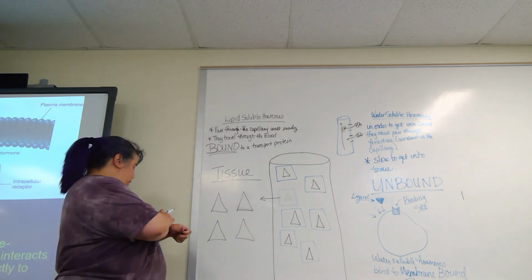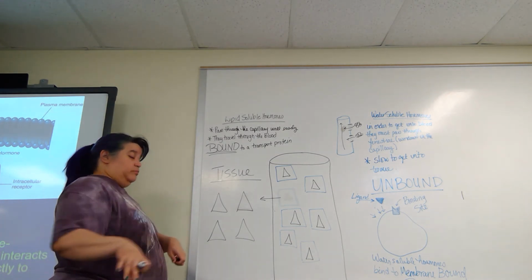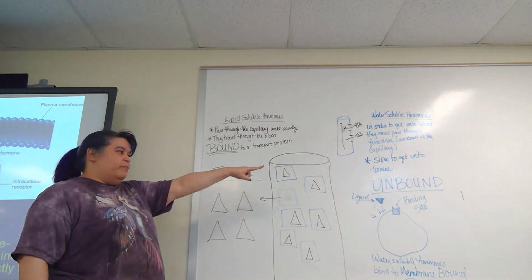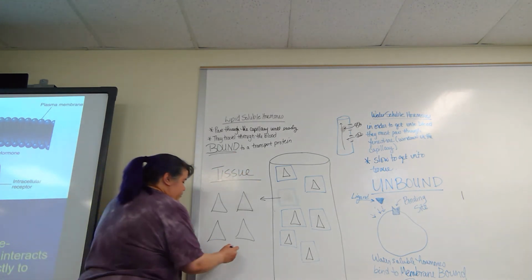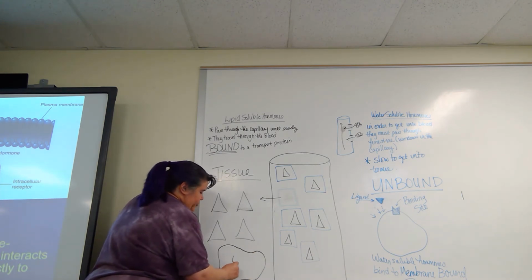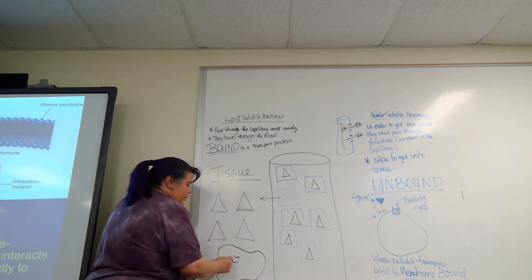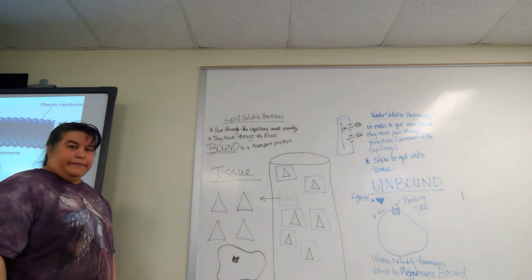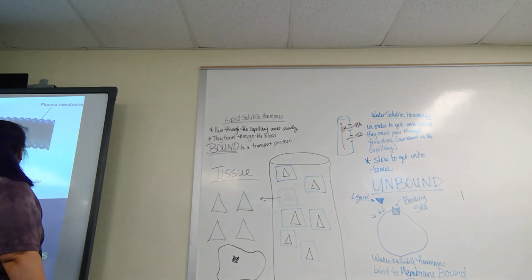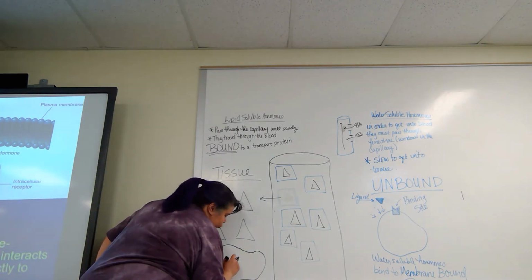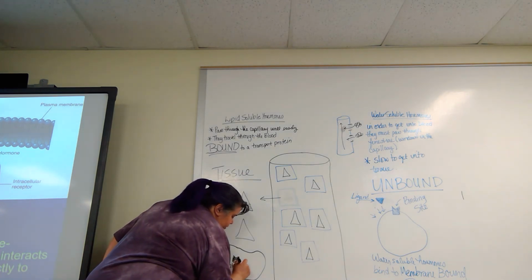So here I've got membrane bound. Here's my cell, right? Let's do that. And here's my receptor inside of my cell, right? So when we talk about an intracellular receptor, that's what this is. Intra means inside.